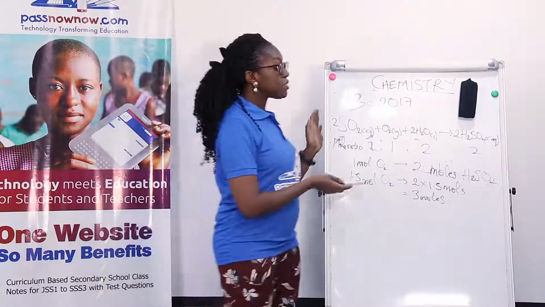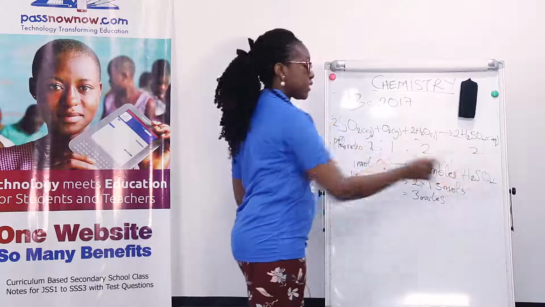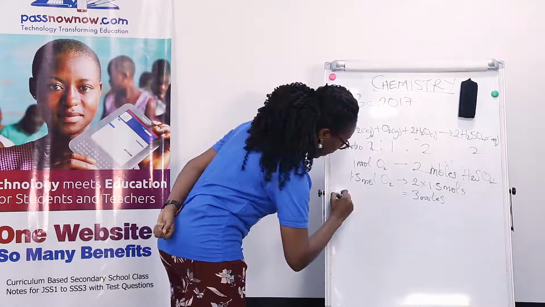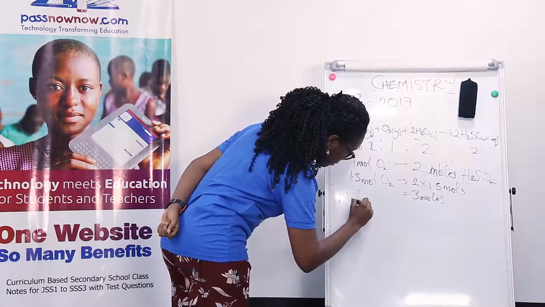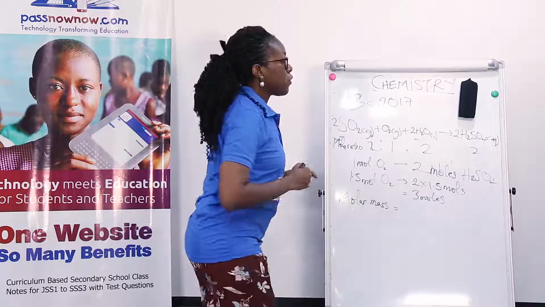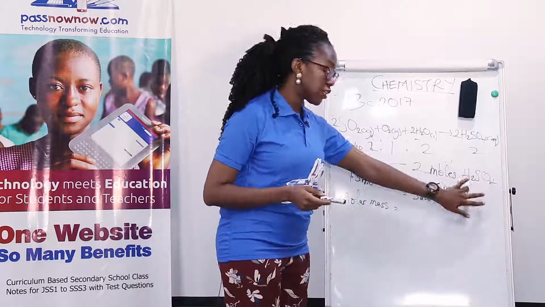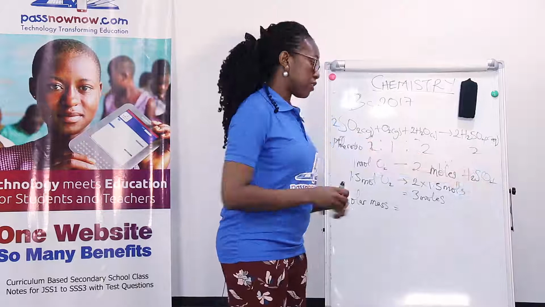We have to look for the molar mass of tetraoxosulfate(VI) acid. To find the molar mass, we have to add the relative atomic masses of hydrogen, sulfur, and oxygen.